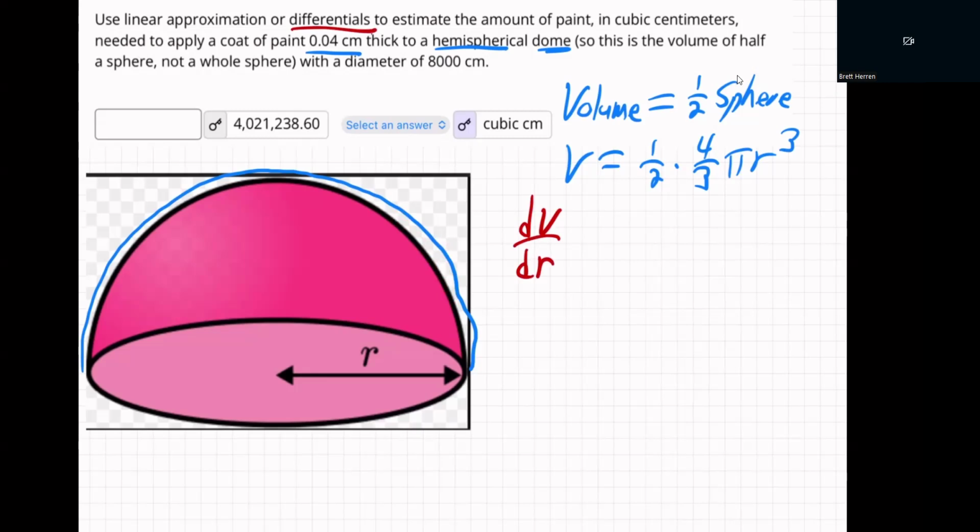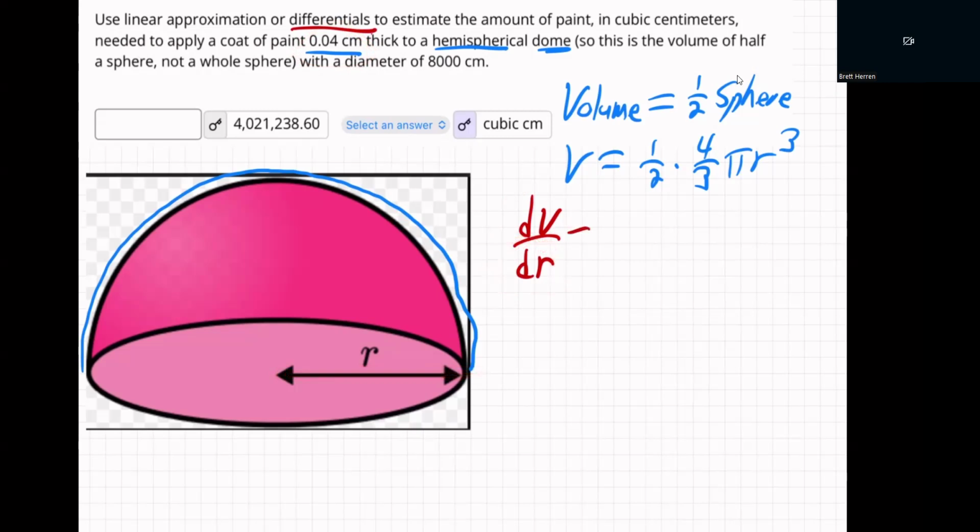We want to know, how does the volume change as the radius changes? Here's the radius on the diagram. When you put that 0.04 centimeters of paint all the way around the dome, the radius is going to grow a little bit. There's going to be a change in radius. It's going to get thicker.